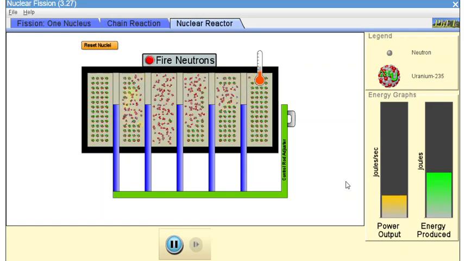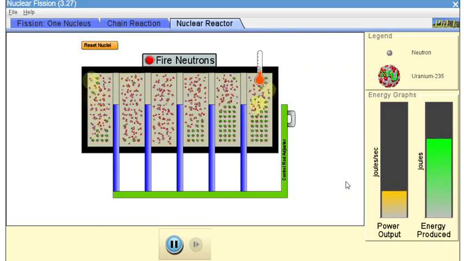We can see all the amount of energy we are producing in this case in the reactor, and how most of the nuclei are fissioned. Eventually, this reaction is going to stop, of course, when most of the nuclei have been fissioned. So in this case, we have produced more energy.